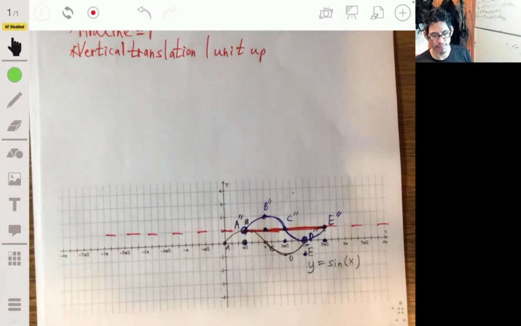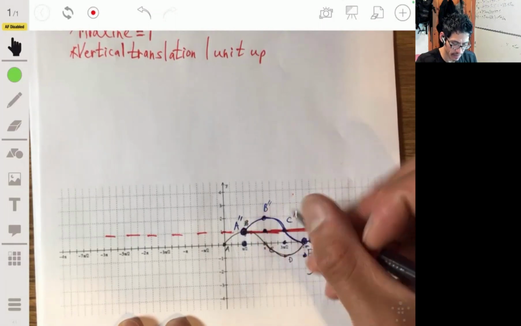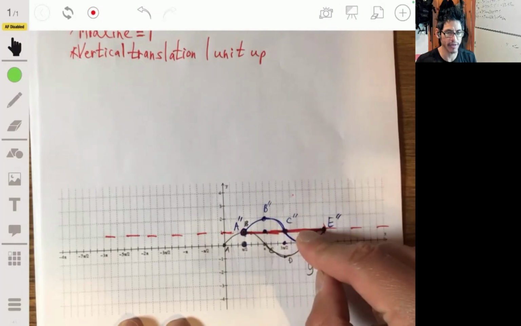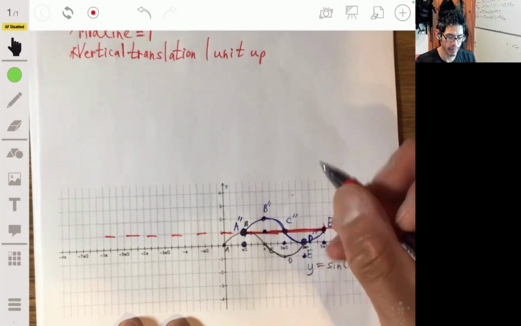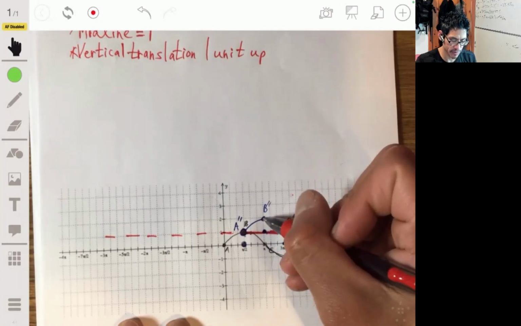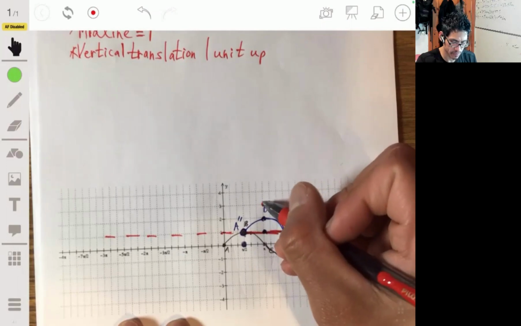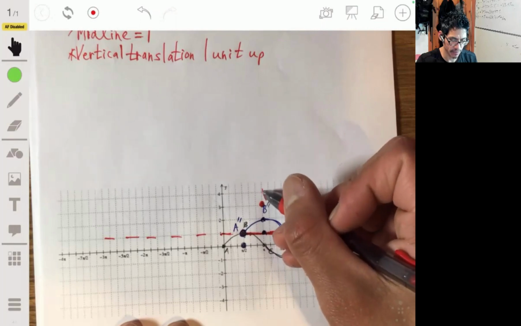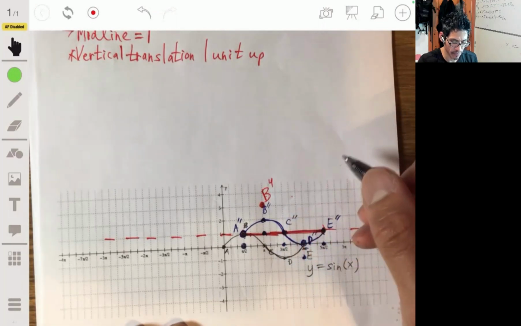Now, if you notice, 3 of the points, A double prime, C double prime, and E double prime, are on the midline. What you really have to worry about is B double prime and D double prime. And what that means is just move this 2 away. Not 2 away from here, but starting here, 1, 2. That's where it would end up being. Let's call this B quadruple prime, B to the 4th.